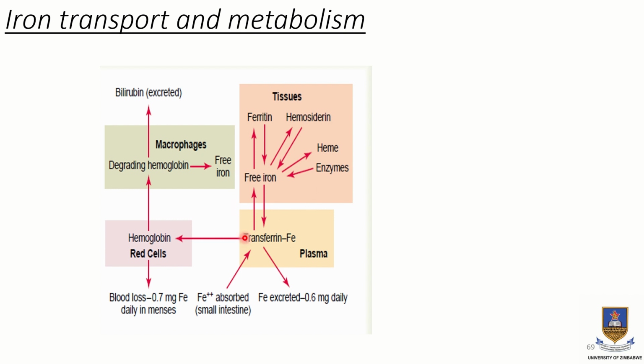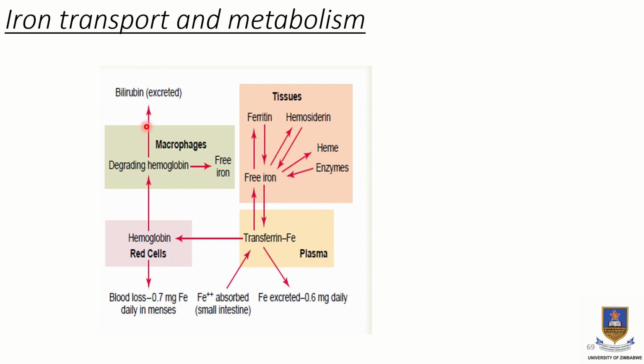It can be excreted in feces daily, that is 0.6 milligrams, it can also be used again to make new red blood cells, and it can be lost in menses as 0.7 milligrams, right?